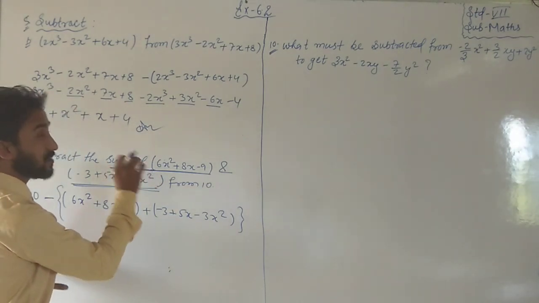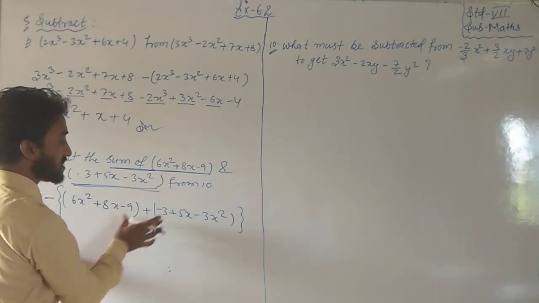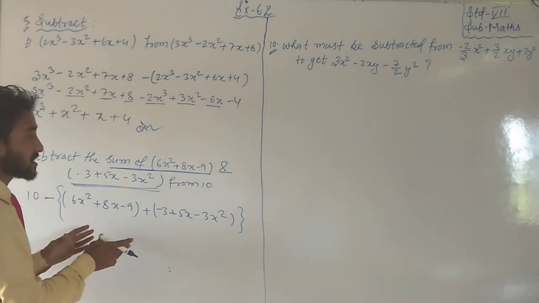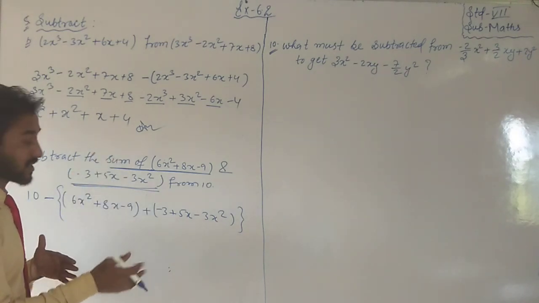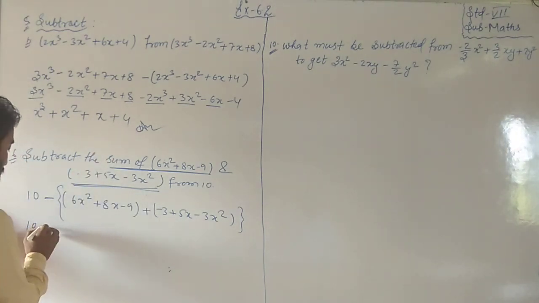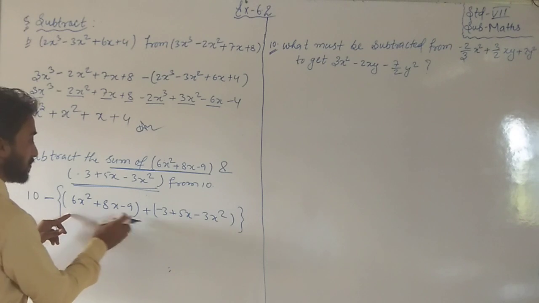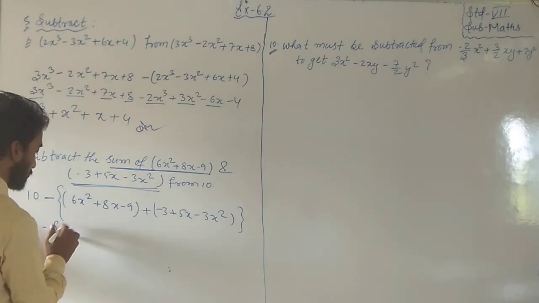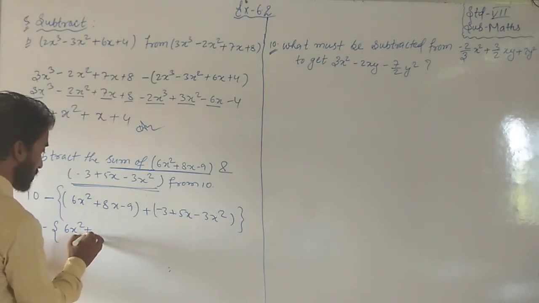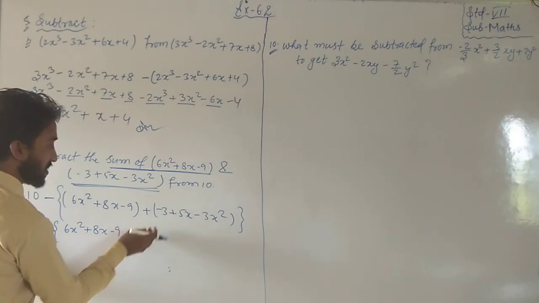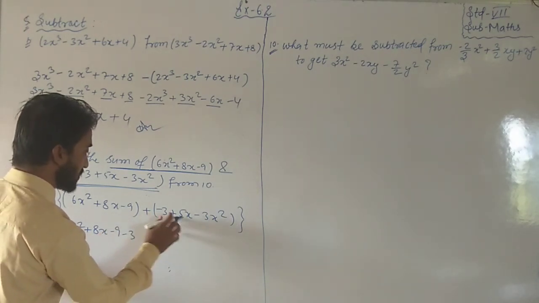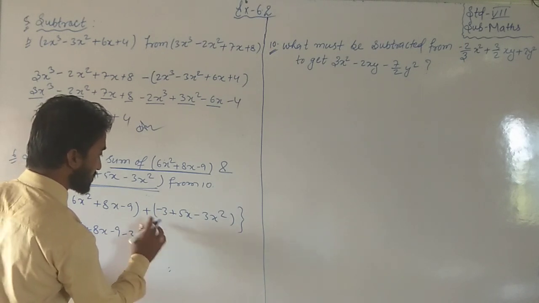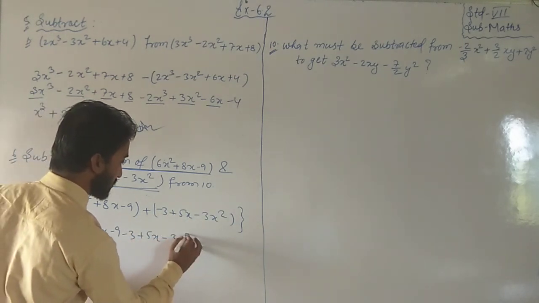Because we have to find the sum first. Already a small bracket is given on both terms, but it says we have to calculate the sum first, then after that we will subtract: 10 minus this. If we remove the small bracket, what will happen? 6x square plus 8x minus 9. This plus will multiply now, so plus minus 3 plus 5x plus minus 3x square.